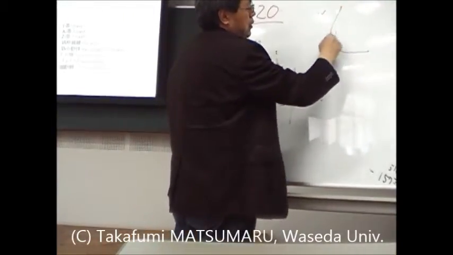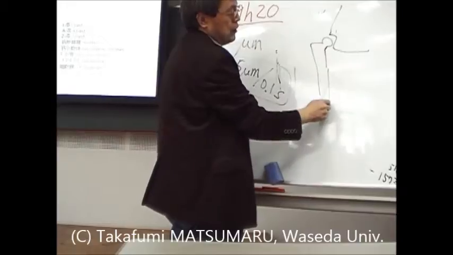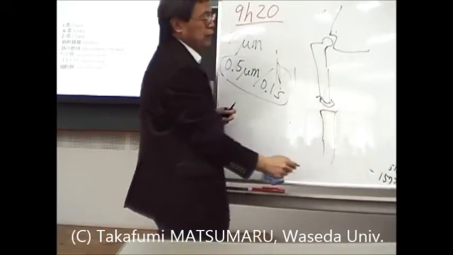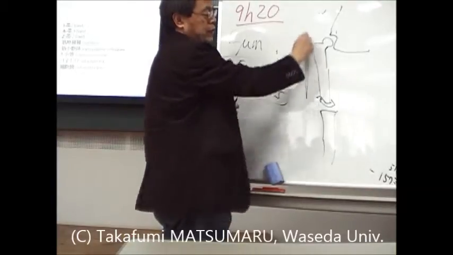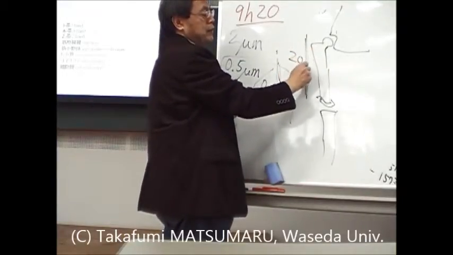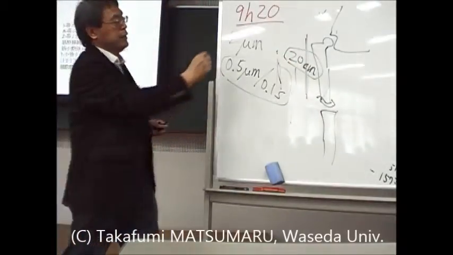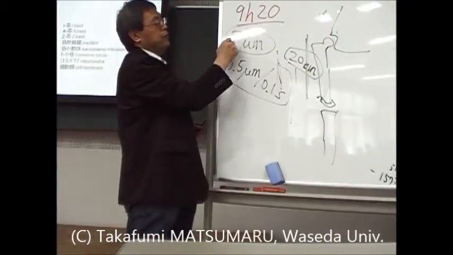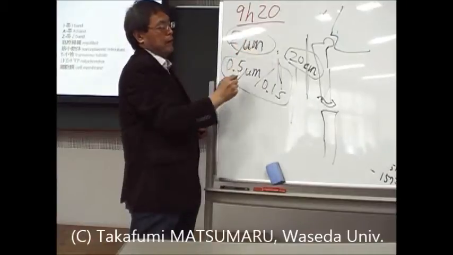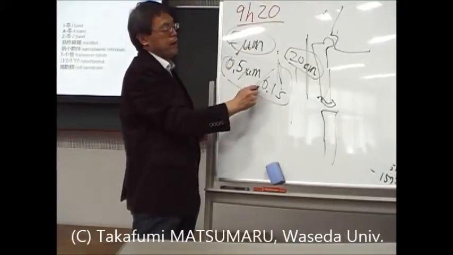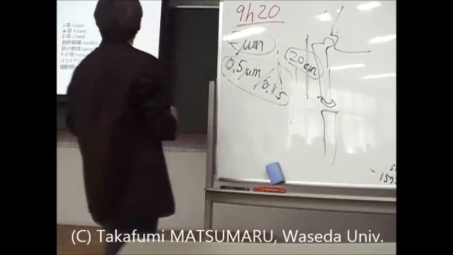Each sarcomere is 2 micrometers and can contract 0.5 micrometer per 0.1 second.